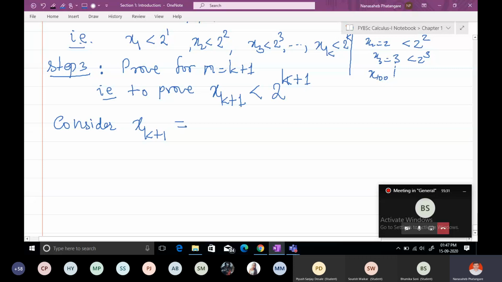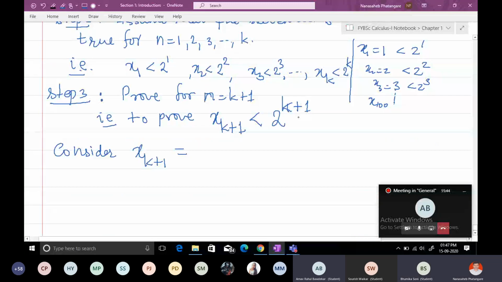But by definition, what is xk plus 1? How do we define xn? We define xk plus 1 as xk plus xk minus 1 plus xk minus 2, right? So reduce by 1. Very good.